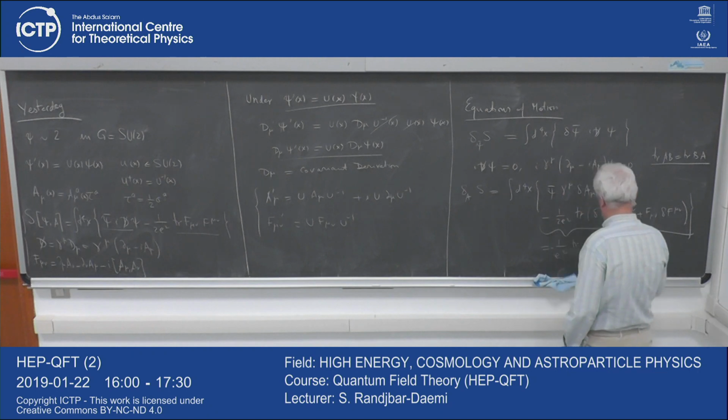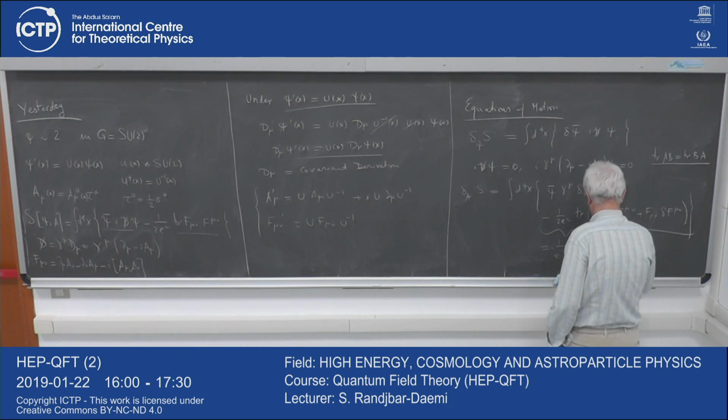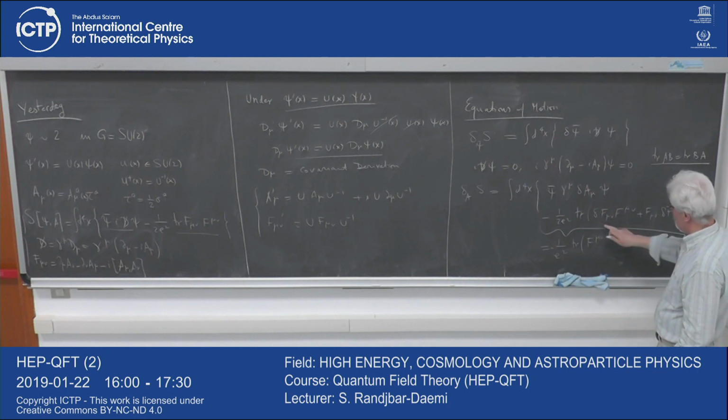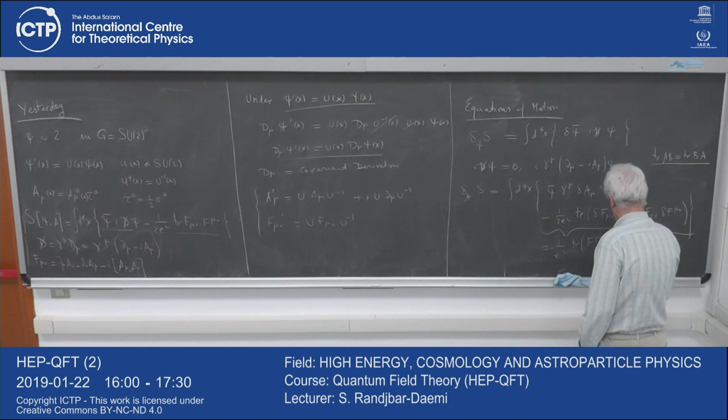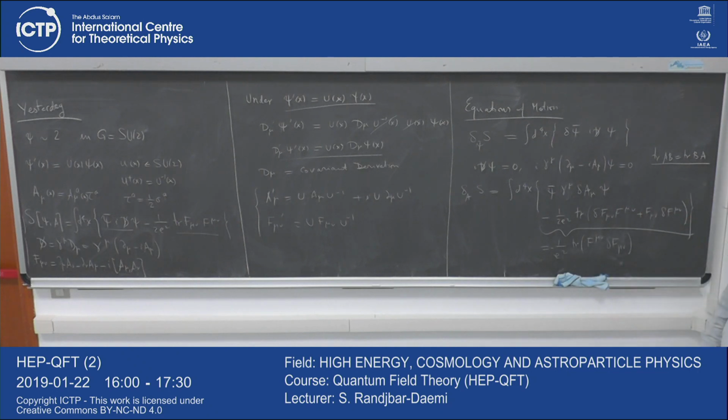The 1/2 cancels from the 2 from there, and I am going to write this as F mu nu. So I want to use the cyclic property of trace to put this on the other side so that this becomes like that, times the variation of F mu nu. The two terms collapse into a single term. Okay?